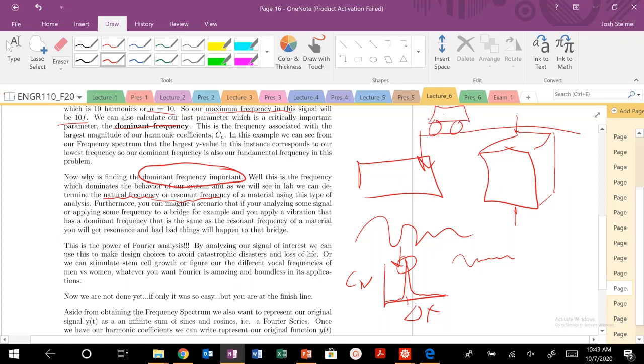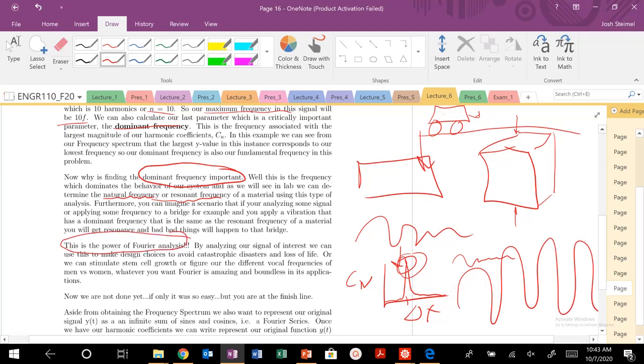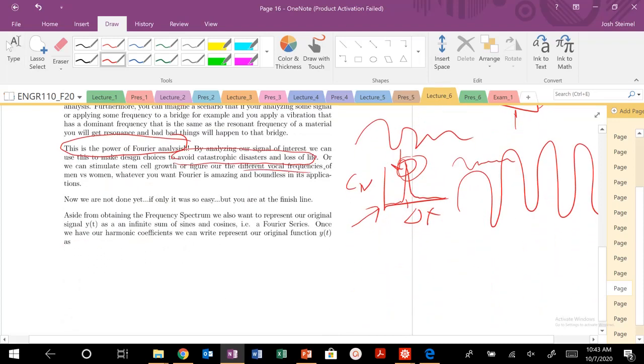Ooh, I'm becoming an artist. If there's some vibration here that matches this resonant frequency, that beam is going to oscillate, and those cars are going to be in big trouble. So this is the key power of Fourier analysis. We can look at this graph and make engineering decisions and avoid catastrophic disasters and loss of life.